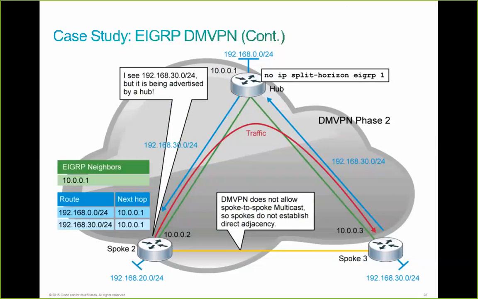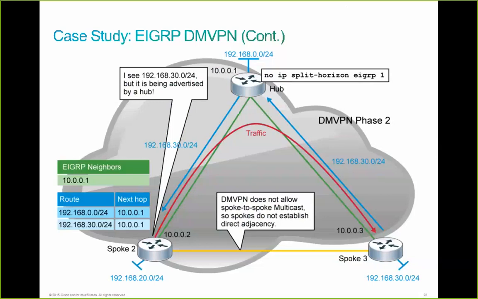All of the spoke networks get advertised through the hub. So the hub kind of serves as the next hop for spoke-to-spoke communication. Now, you take a look at that and you go, okay, but DMVPN phase 2 and DMVPN phase 3 allow us to establish spoke-to-spoke tunnels for routed traffic.